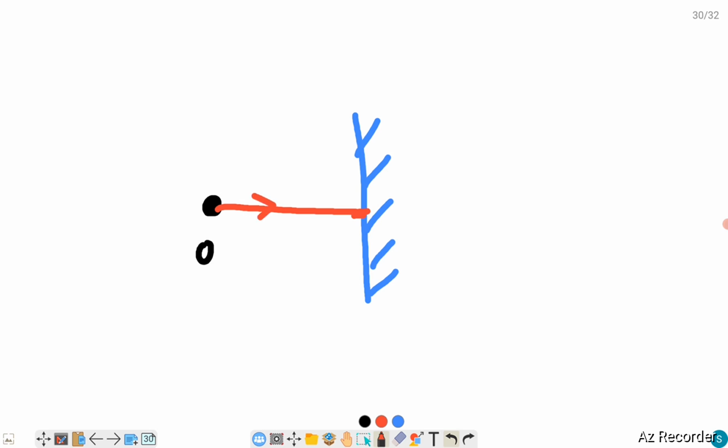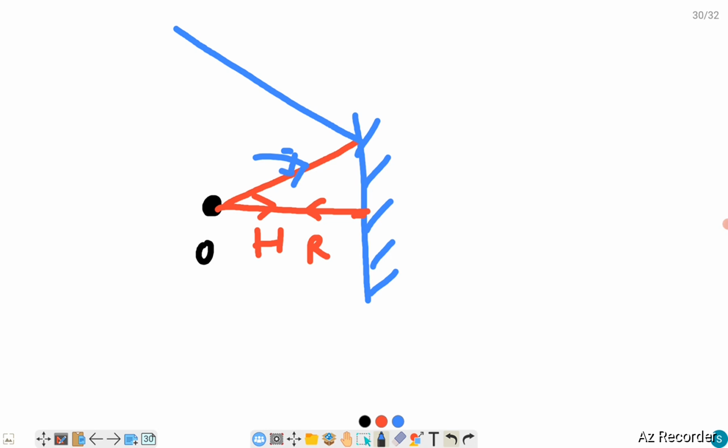Then see, here you have I, here you have R and N also. Understood? Then one more I am just taking here with certain angle. Then how will be the reflected ray? Like this, correct? This is I2.